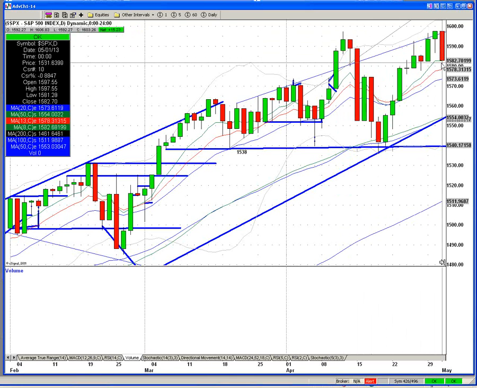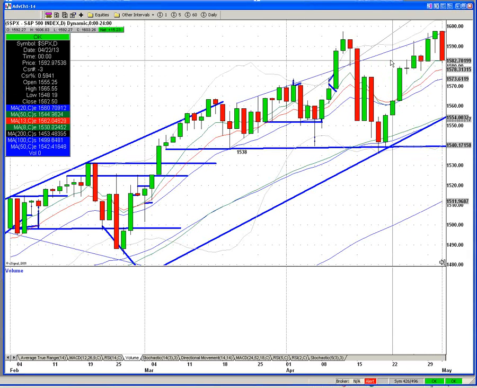That's a pretty sizable pullback in the S&P. It looked like almost 1%. I was going to start looking for buying opportunities on weakness. And if the market started to slide down into this area, back into the 20-period moving average around 1575, 1580, pullback longs look like a good candidate there.